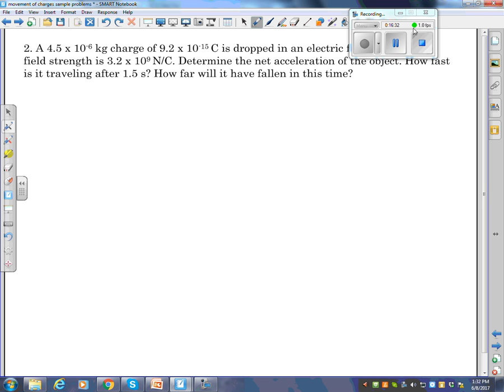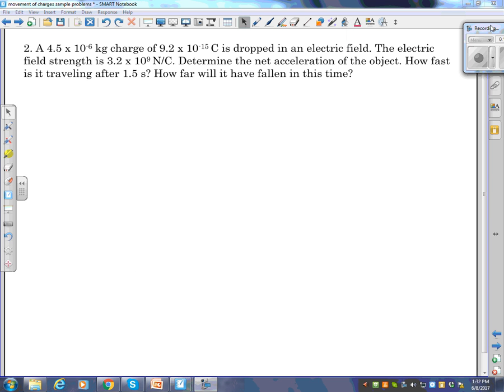Okay. So let's read this question, and as always, it's just going to sort of add on some steps. A 4.5 times 10 to the minus 6 kilogram charge, again, that's our mass, of 9.2 times 10 to the minus 15 coulombs, that's our charge, is dropped in an electric field.